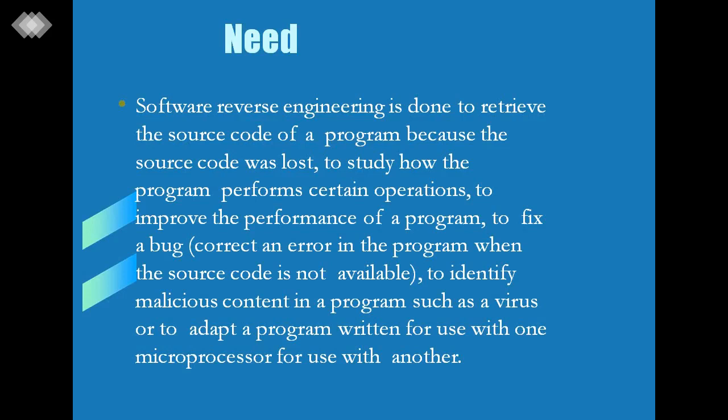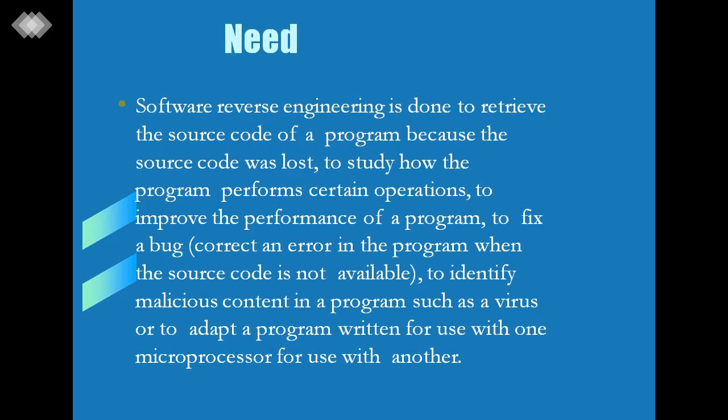A bug is an error in the program when the source code is not available. Second, to identify malicious content in a program such as a virus, or to adapt a program written for use with one microprocessor for use with another.